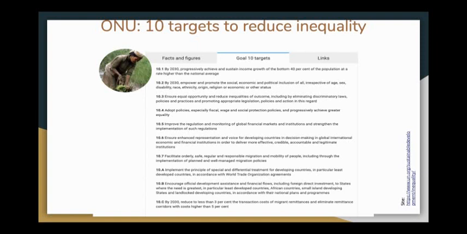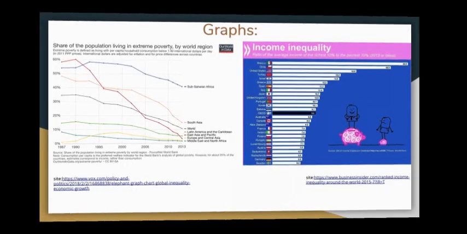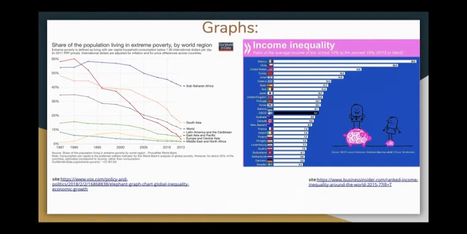In the next slide, we can see two graphs. The one on the left compares the share of the population living in extreme poverty between continents. The one on the right shows the ratio of average income of the richest 10% to the poorest 10%, where we can see that Mexico has the highest percentage.